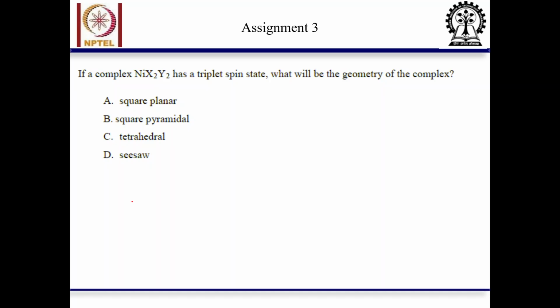I think the professor has already given this kind of complex. I think we have come across NiCl2py2 somewhere, right?